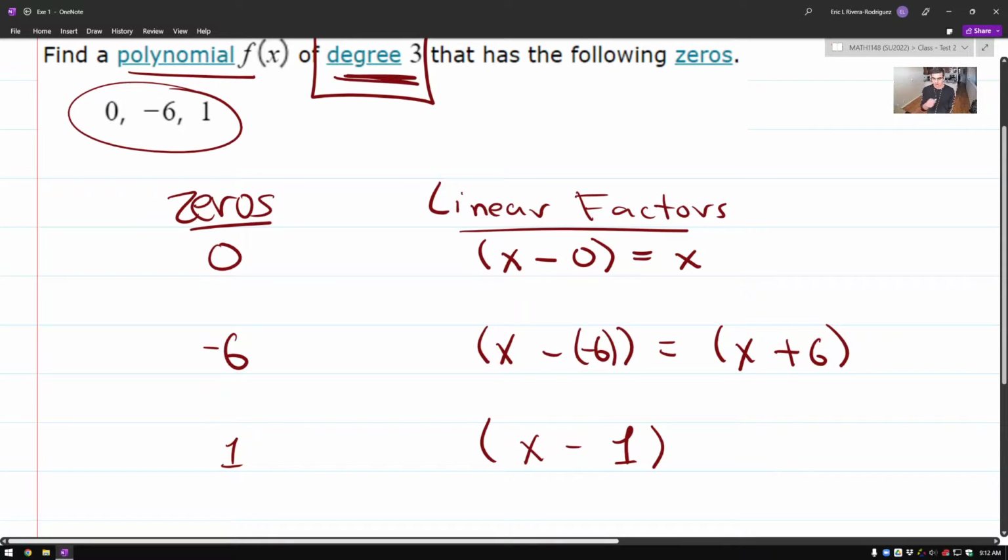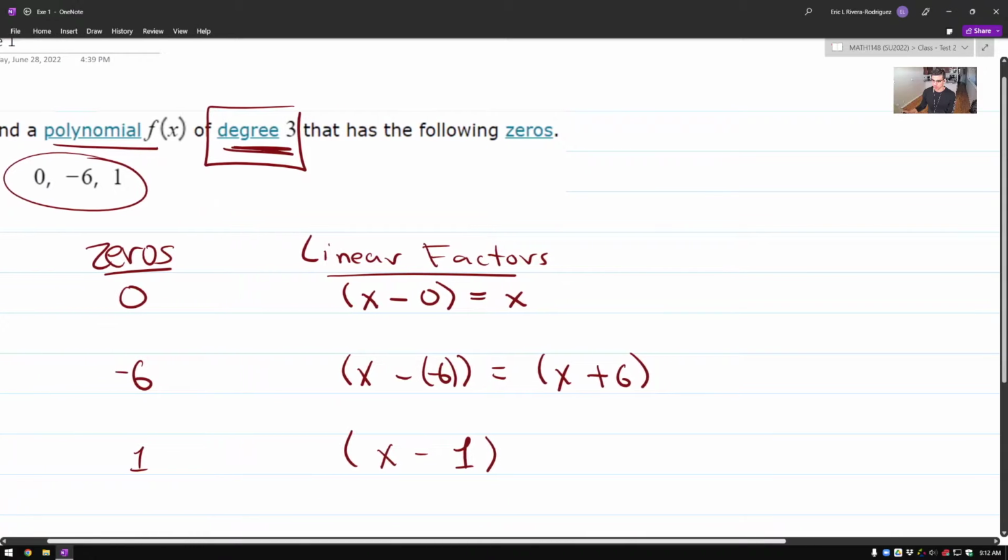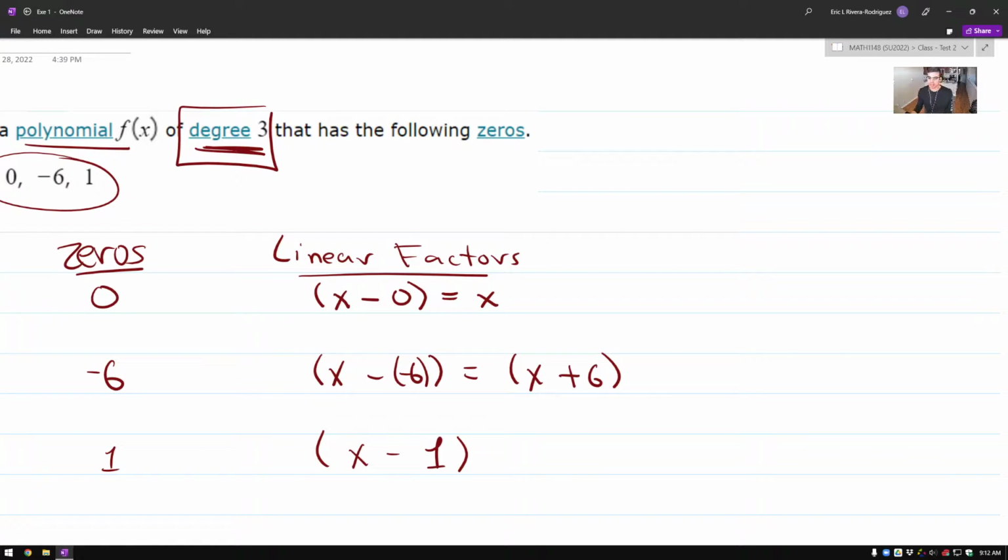Now, Jean, to add to your comment, yes, the zeros will also be related to the degree, but the property of the zero that is specifically related to the degree of the polynomial is its multiplicity. So right now, the multiplicity of those zeros is not given.